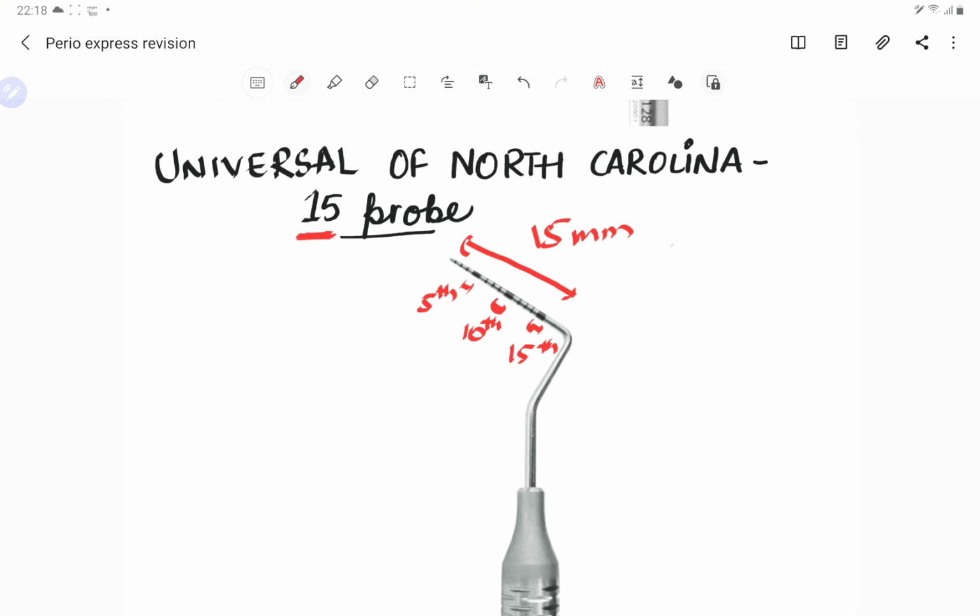So the color coding is present at 5th, 10th and 15th, and guys, the markings are present at each millimeter in case of this University of North Carolina 15 probe.